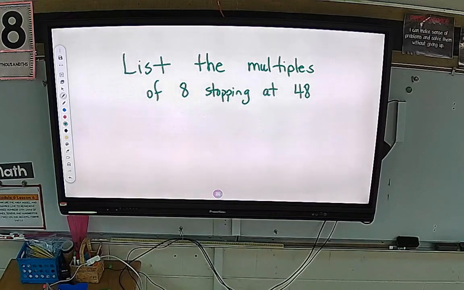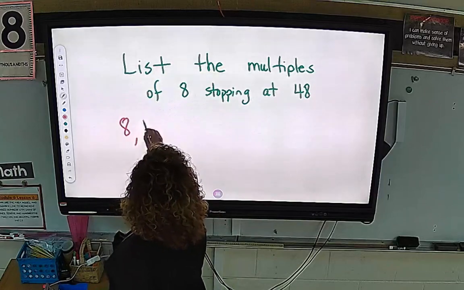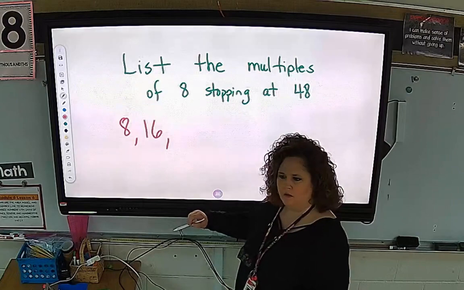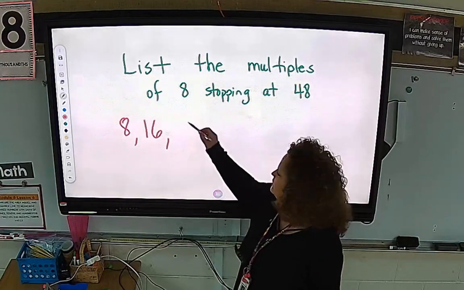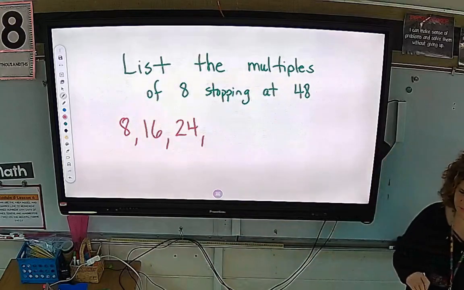All right, what's our very first one, Caleb? 8. What's our second one, Martin? 16. Bailey, what's after 16? 24. What is next, Charlotte?